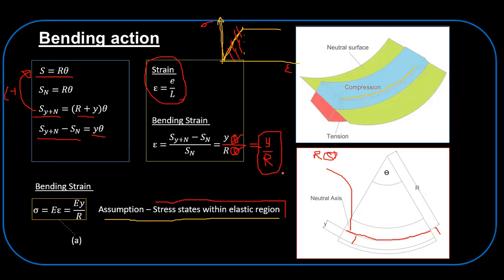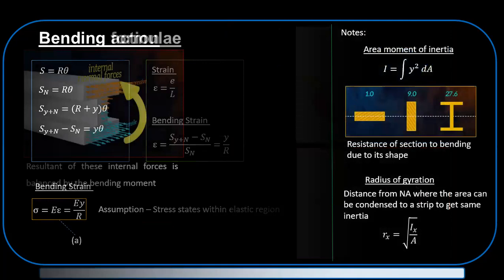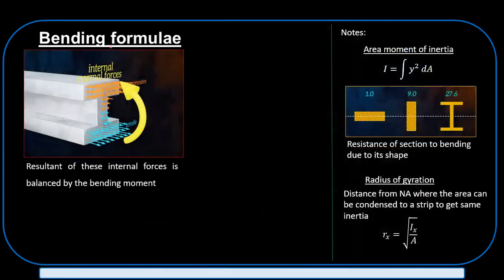Now we move to the bending formula. We call this the resultant of normal forces. The top fibers are in compression and the bottom fibers are in tension, and in between you have a surface where no tension or compression is observed.